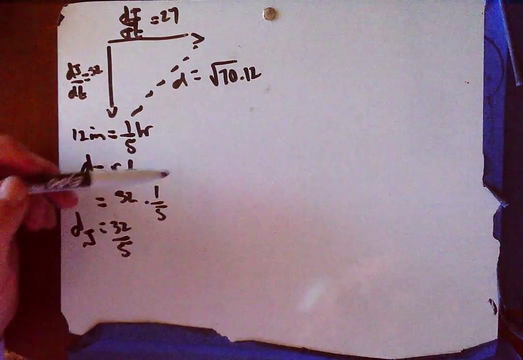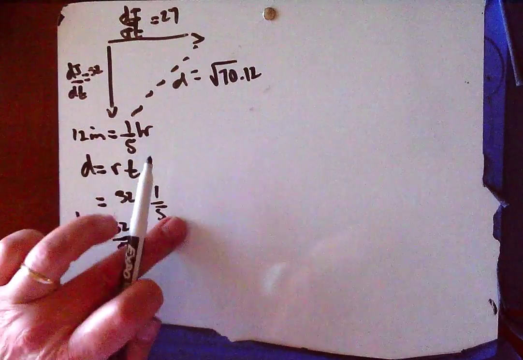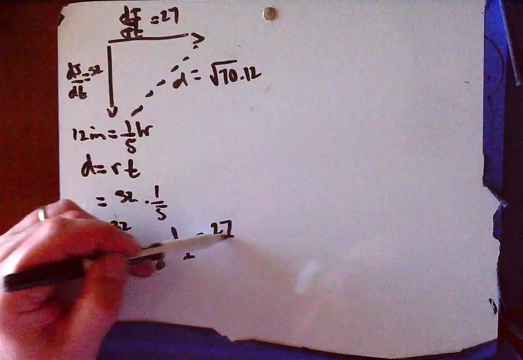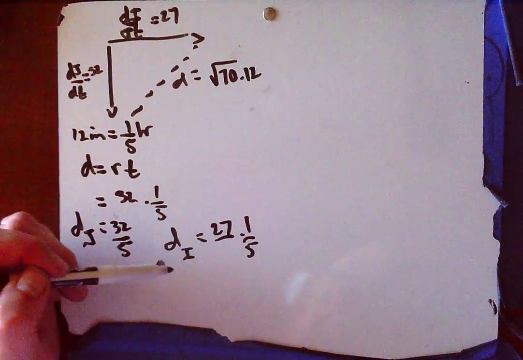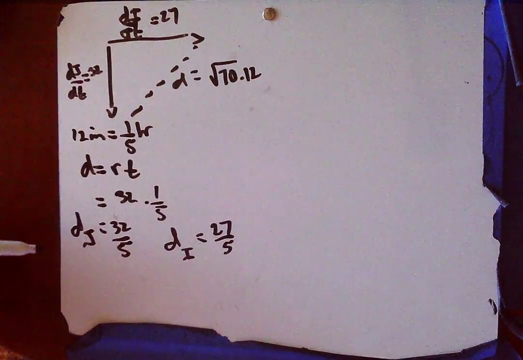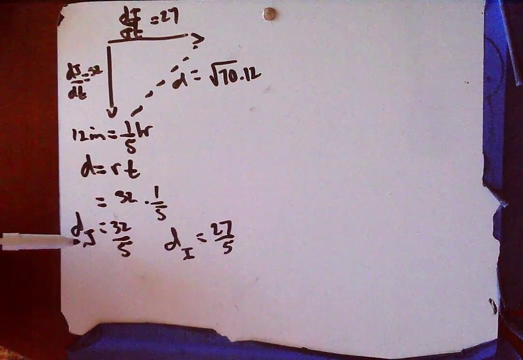The distance that Isaac travels is going to be Isaac's rate times those 12 minutes, so Isaac is going to be 27 over 5. Okay, so these are the distances.